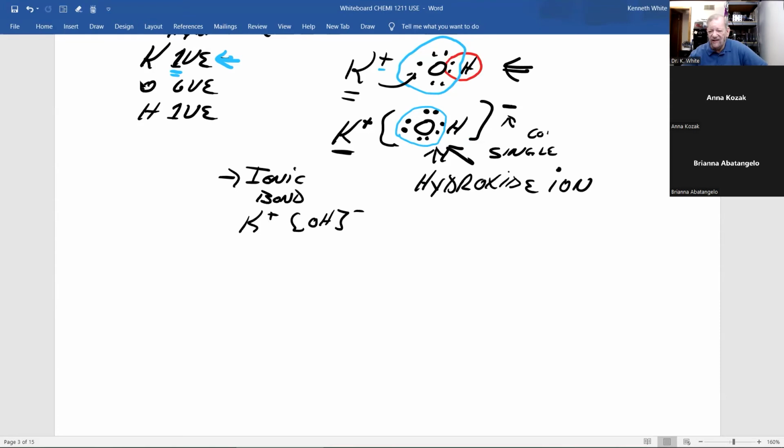It's a covalent single bond. So in potassium hydroxide, KOH, there's two different types of bonds, an ionic bond and a covalent bond.